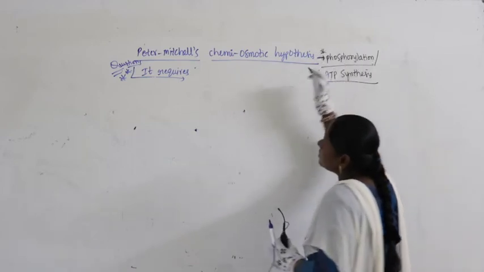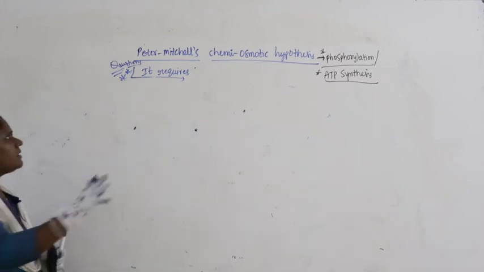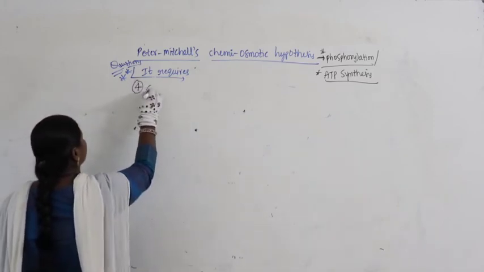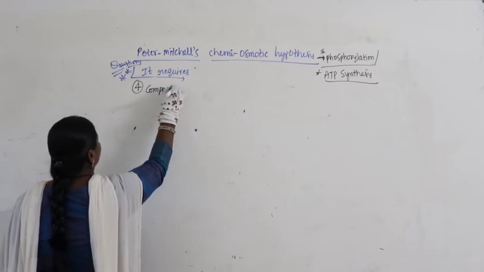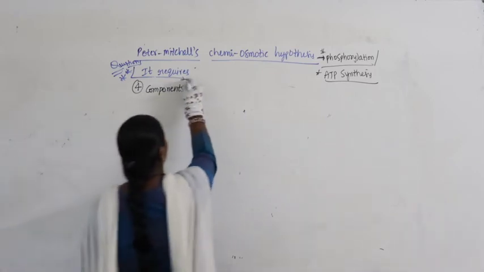So, this is mostly asked in the form of a question. Remember, it requires 4 components. What are they? Try to say carefully.